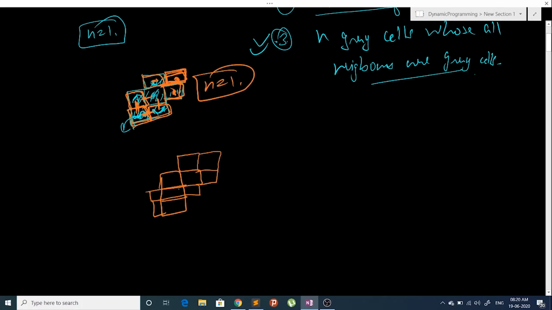Now I can see that this cell is fully covered with 4 gray cells, and this also is fully covered with 4 gray cells, and all these cells have 2 neighbors each. So this can be the solution for n equals 2.